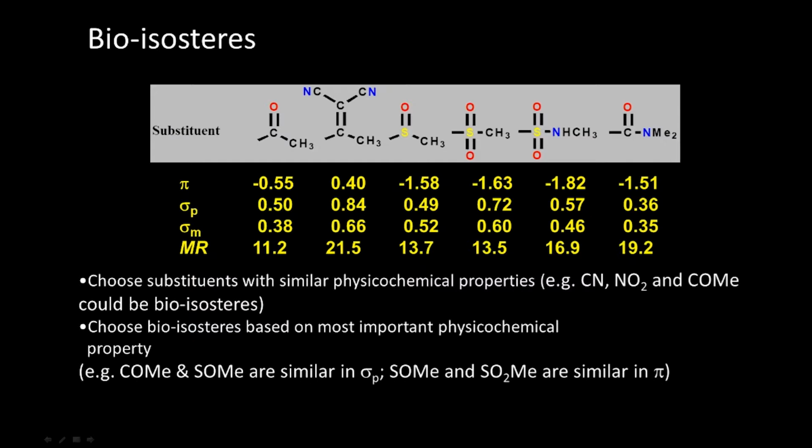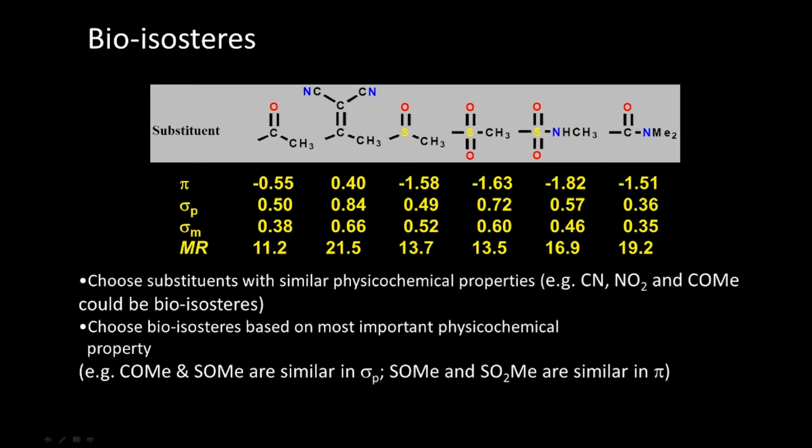Choose bioisosteres based on the most important physicochemical property. Okay, what is very, very important? Is the electronic feature very important, or the hydrophobicity important, or molecular refractivity? Molecular refractivity, as I said, is volume and density. That means the size. So depending upon which you realize is important, you can choose bioisosteres based on the most important physicochemical property. For example, COMe, SOMe are similar.